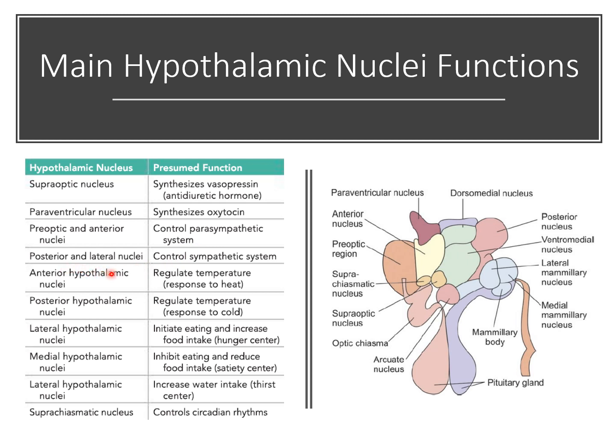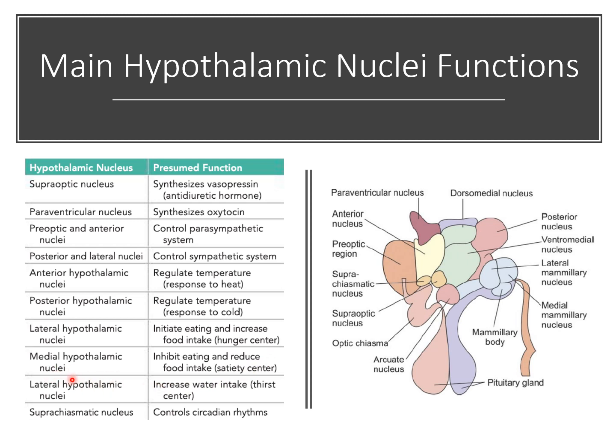Posterior and lateral nuclei control sympathetic system. Anterior hypothalamic nuclei regulate temperature response to heat and posterior hypothalamic nuclei regulate temperature response to cold. Lateral hypothalamic nuclei initiate eating and increase food intake by stimulating hunger center.